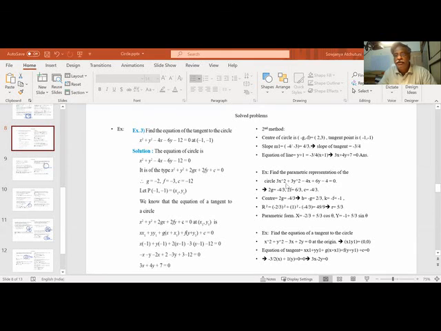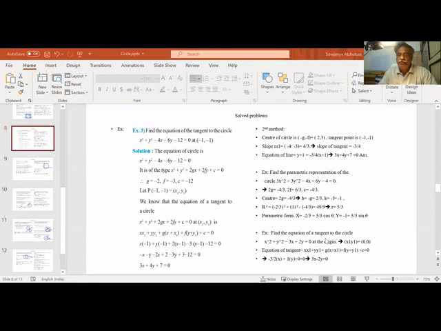Otherwise it will go for an ellipse, different. So r square is g square plus f square minus c. So r is 5 by 3. So what is this? It is h plus r cos theta, k plus r sin theta. H is minus g, 2 by 3.